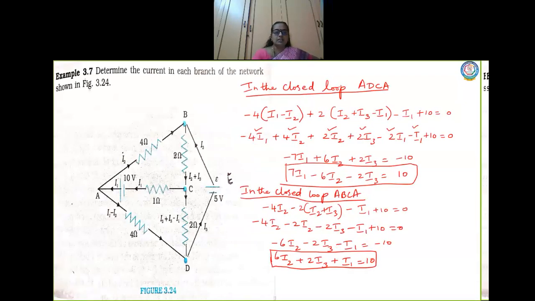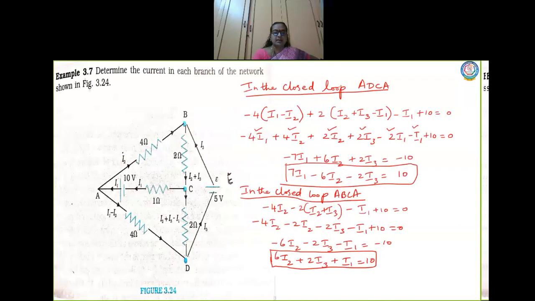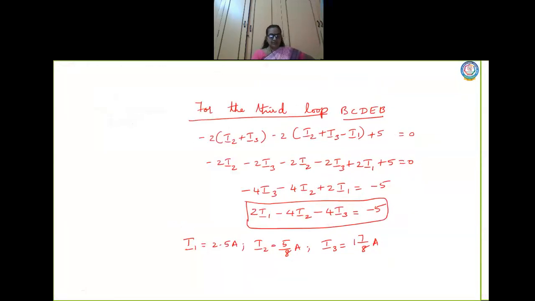What current is there here? I2, which is 5 by 8. Similarly, wherever you have different branches, suppose in this branch you have I2 plus I3 minus I1, add all the values and you will get the value of the current in this branch. Similarly, they have calculated all the currents for the various branches of the network.